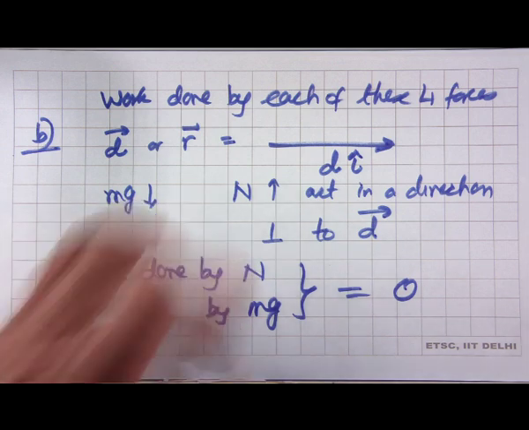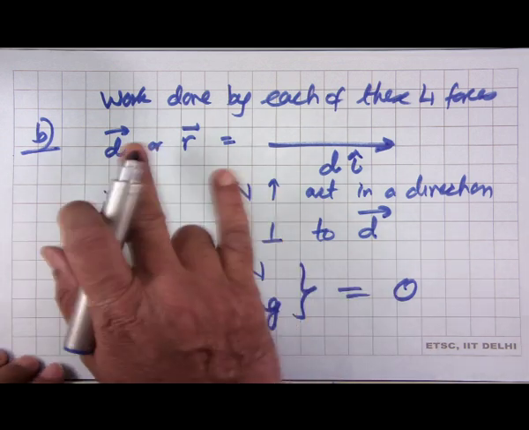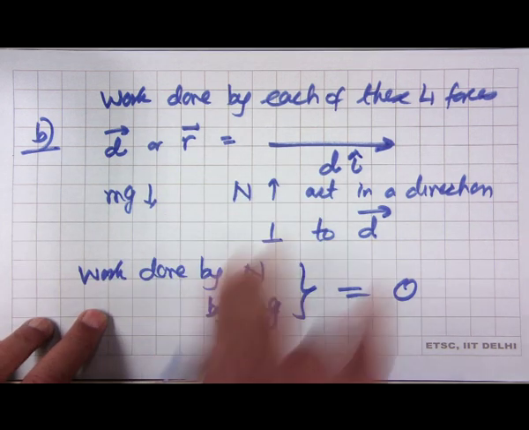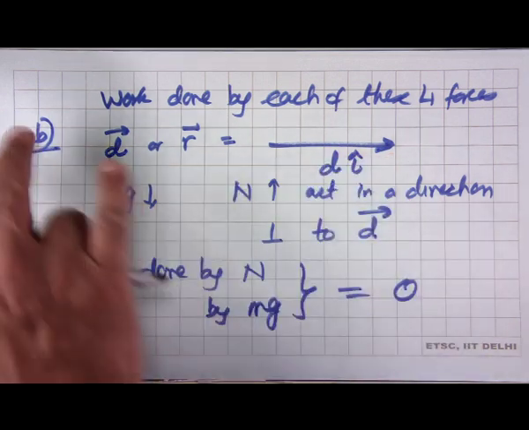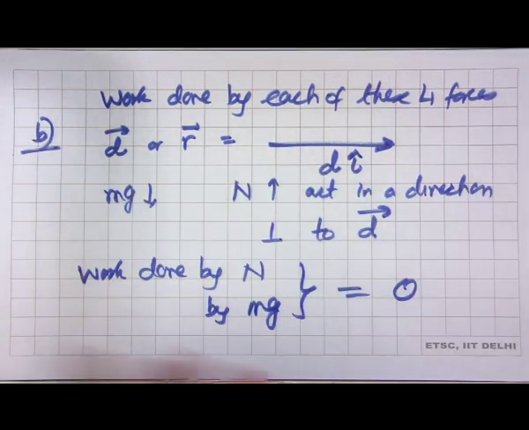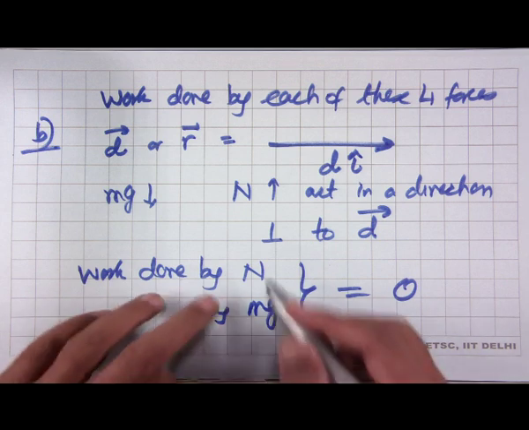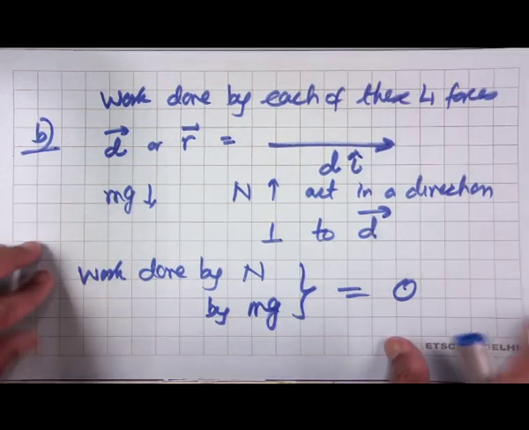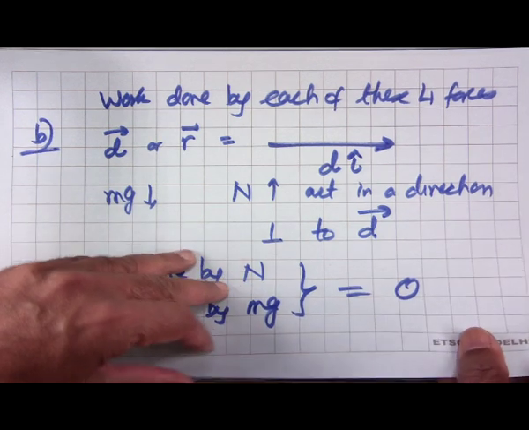Now, notice this work done depends on the dot product of force and the displacement. So, once we are trying to calculate the work done, we look at the particular force and the displacement, which will stay the same for all the 4 forces. And so, because these 2 forces are perpendicular to d, work done is equal to 0 by these 2 forces individually.